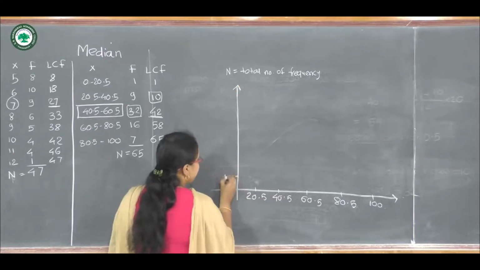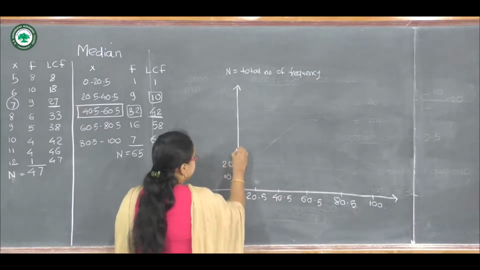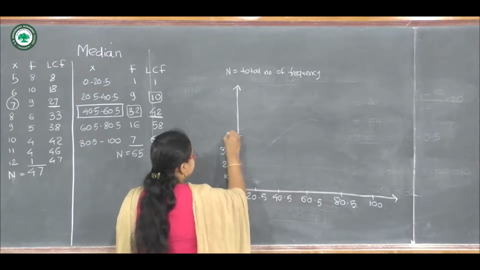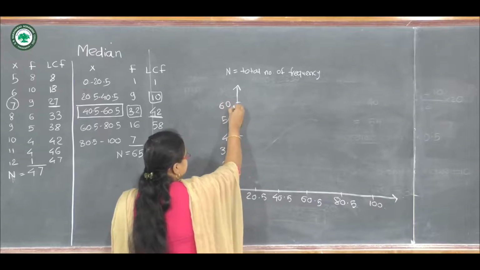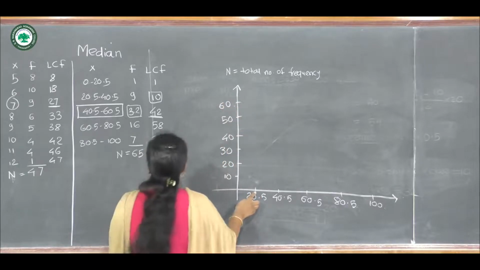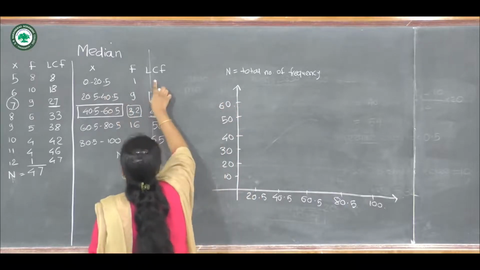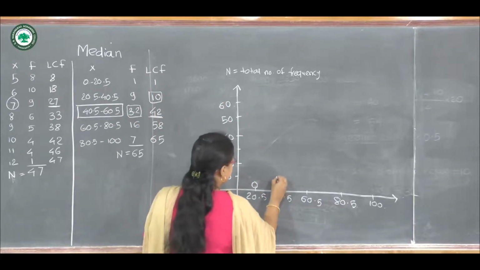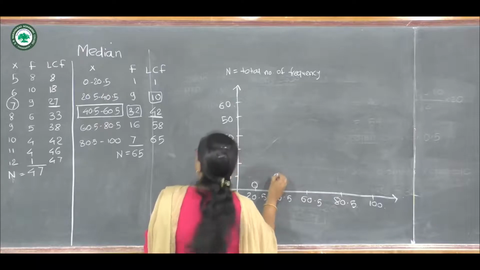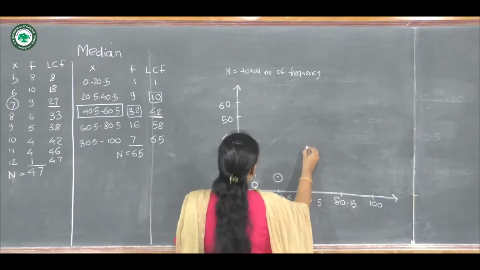So approximately I will take: 20.5, this is an upper limit, and for that LCF is 1, then it is 10, then 42.